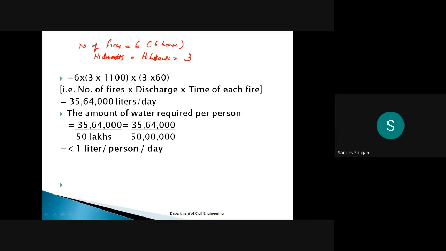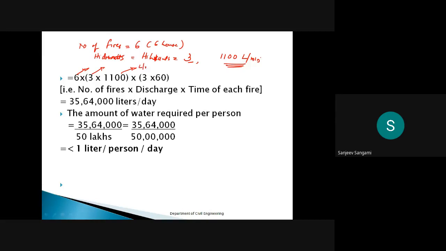Then how much discharge is it making? It is 1100 liters per minute. Here the units are very important. This 6 is related to the number of houses catching fire. This 3 is related to the number of hydrants, and this is related to liters per minute.